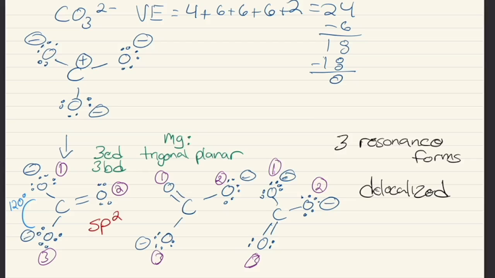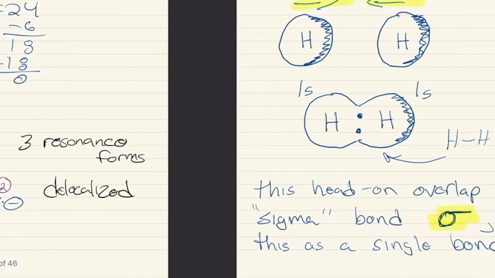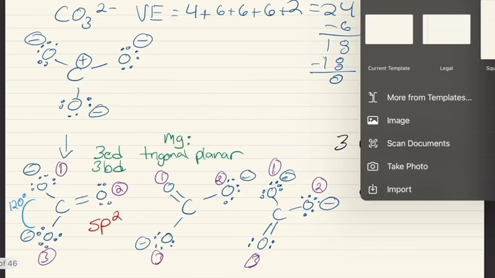And that delocalization is what causes this molecule to actually look a little bit more like this. And to give you some insight, if we drew this as a condensed structure, what would it look like? It would look like this.